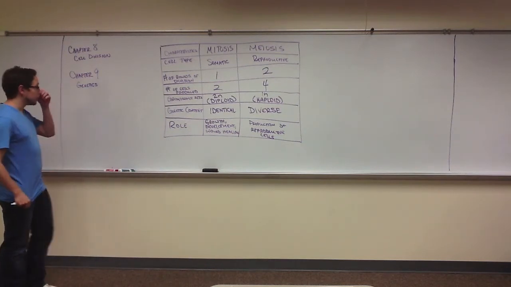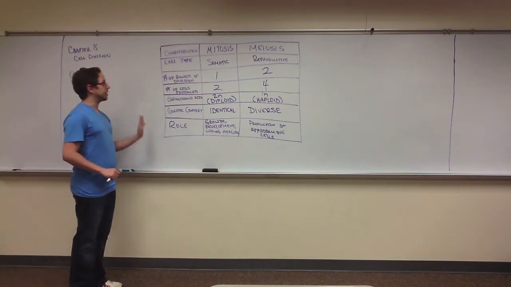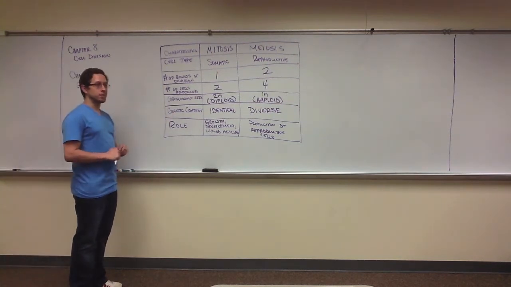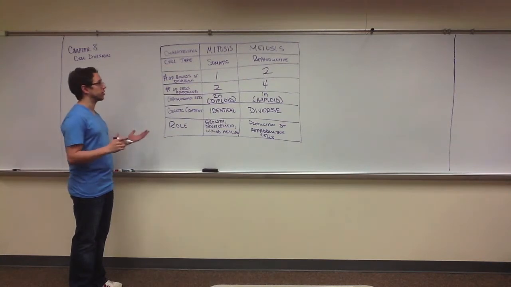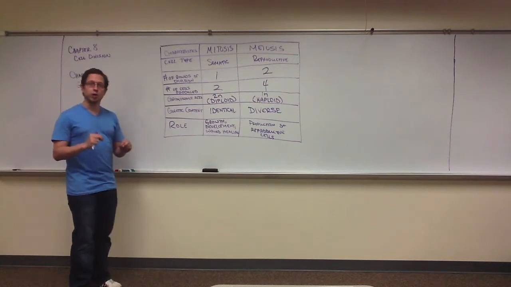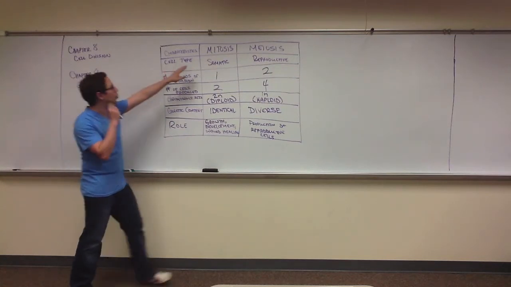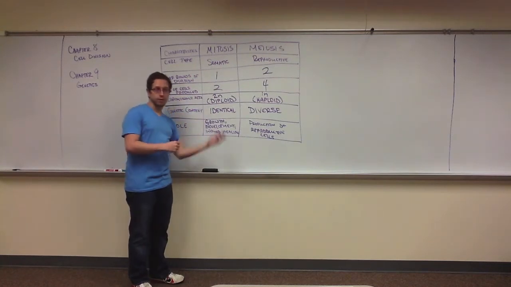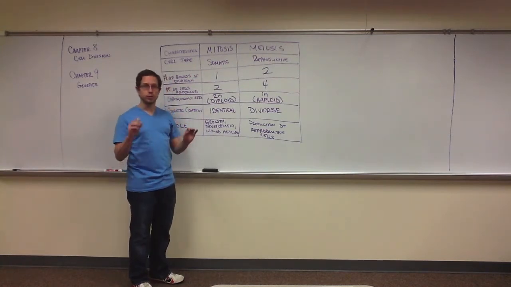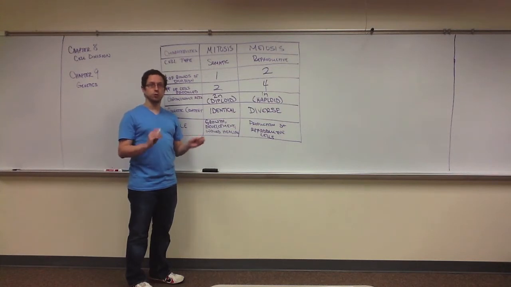Now what I'd like to do is take some of these concepts and present you with a general idea in regards to flow charts, so that on the exam you can ask yourself some very basic questions and start to eliminate one of these two types. For instance, if I give you a cell and ask whether it is performing mitosis versus meiosis, what visual cues can you look for?